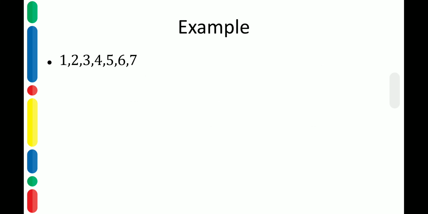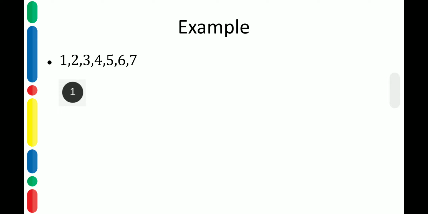Let us look again at a different example. Say I have 1 2 3 4 5 6 7. This is the input, and I have to construct a heap out of it. The first possible position is at 1, and let's say I have inserted 1. This is the single node in the heap, so the parental dominance automatically holds true. Next we try to insert 2.